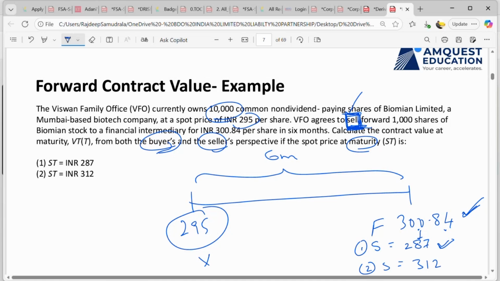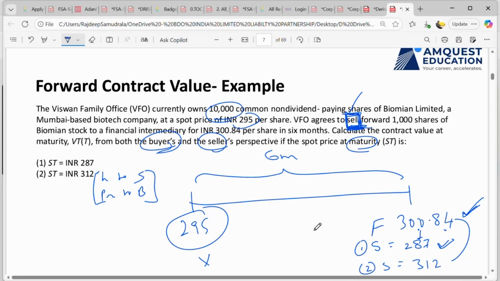Okay, but remember, seller's profit equals buyer's loss. But tell me the scenario. If the market price is 312, you agree to sell at 300, profit or loss? Answer? Loss. Loss to the seller and profit to the buyer. Clear?